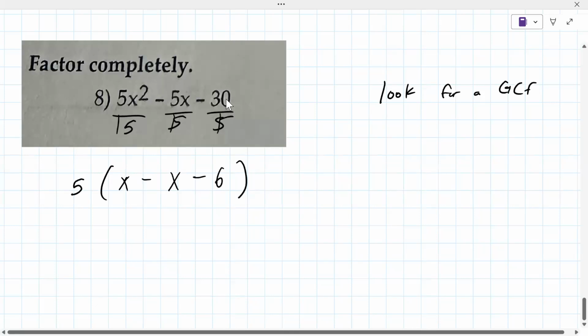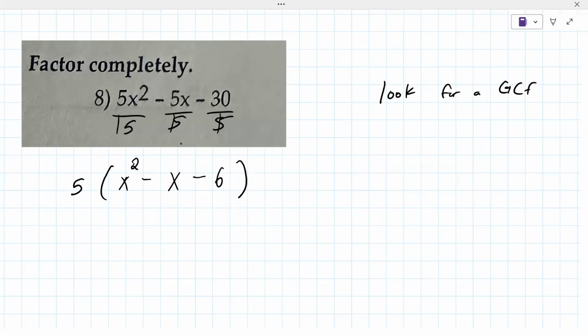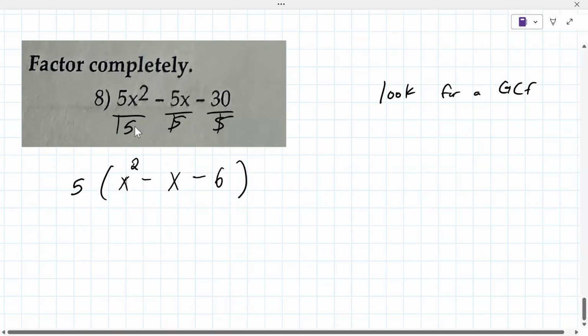Notice that you can't combine any terms because they all have different powers of x. There's something missing. This should be an x squared, because this was an x squared. The 5 doesn't affect that.